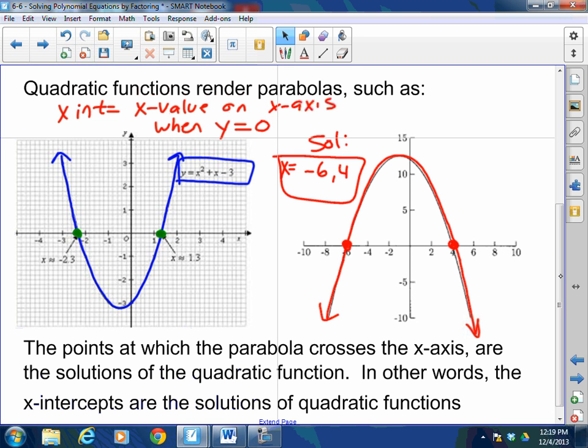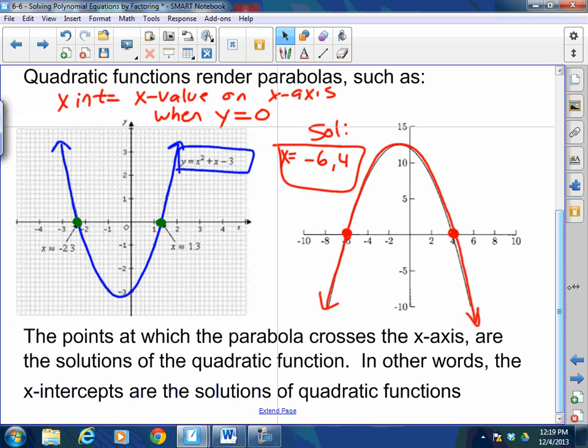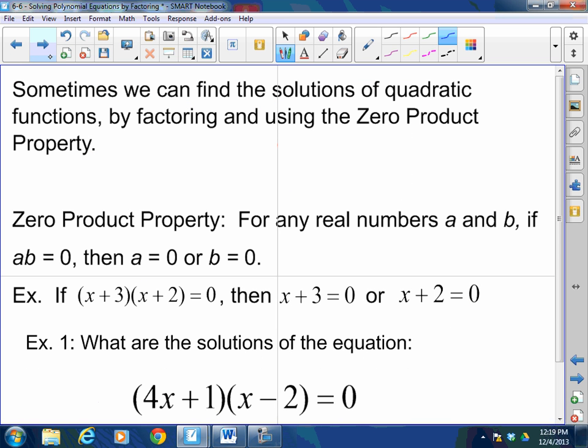So what did I write here? The points at which the parabola crosses the x-axis are the solutions of the quadratic function. In other words, the x-intercepts are the solutions of the quadratic functions. So when I say find the x-intercepts of this quadratic function, you are finding the solutions. Very good.